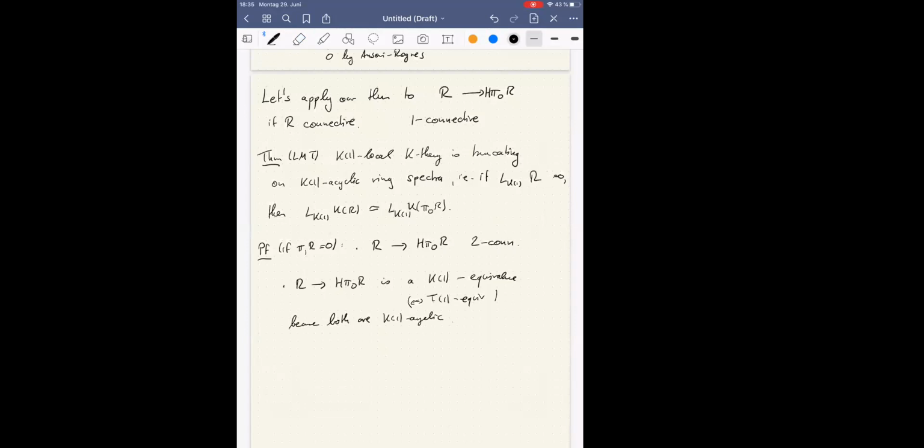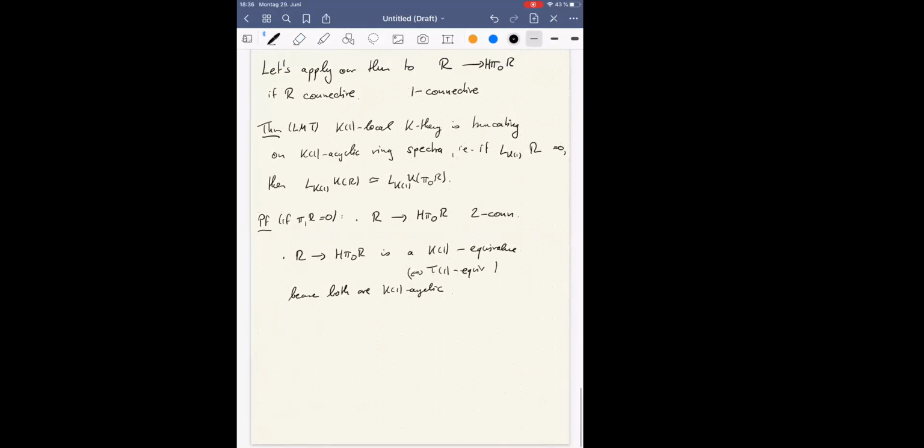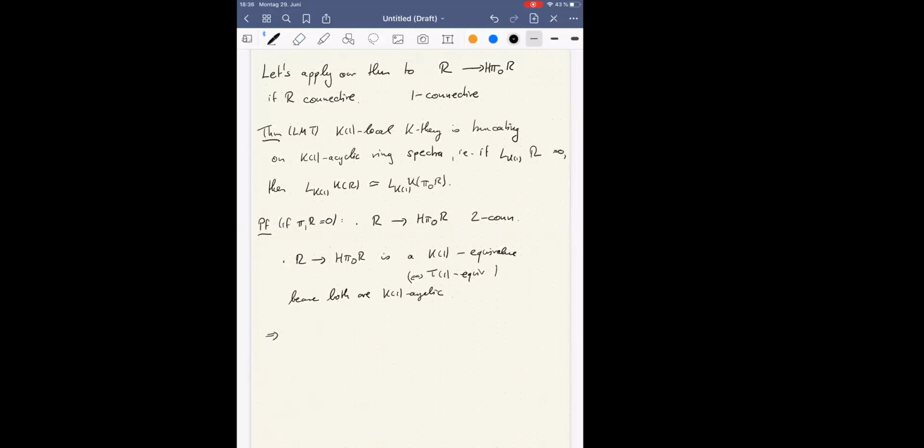So R is K1 acyclic by assumption, and the algebraic K-theory spectra are always K1 acyclic. So by the theorem, we exactly get what we want.